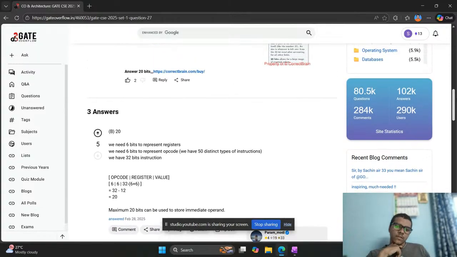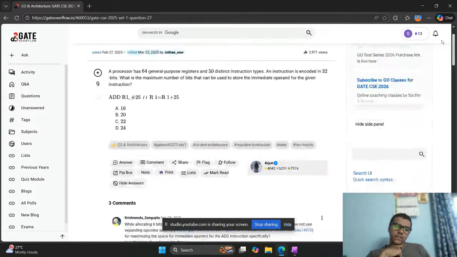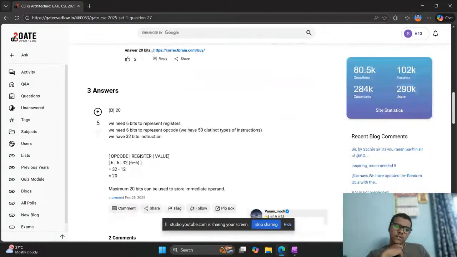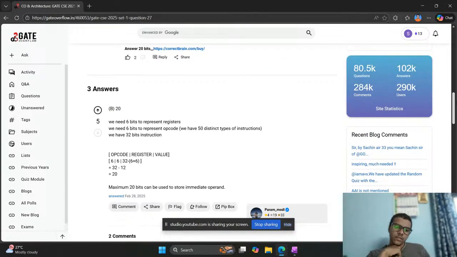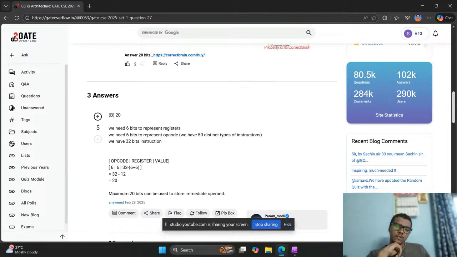We have 32 bits in the instruction, so maximum 20 bits can be used to store the immediate operand.